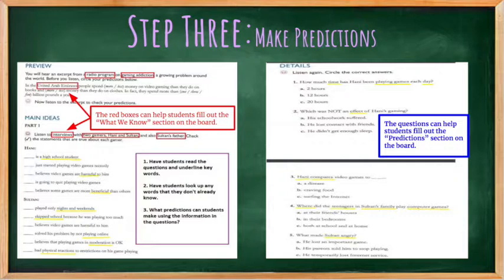This information would go in the What We Know box. After the students hear the preview and read the questions, they can make predictions about what information they think they will hear. I also have my students try to guess the answers to the questions in the book. It usually takes 3 to 4 minutes for my students to complete both What We Know and Predictions.